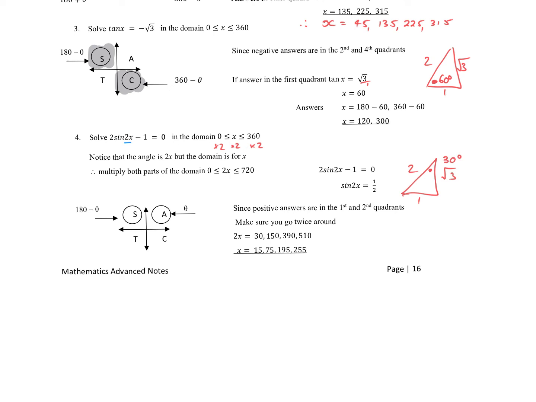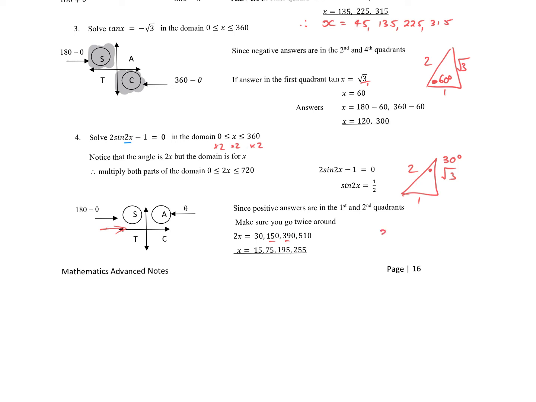Okay, so 2 lots of x then is equal to 30 degrees, 180 minus 30, which gives us our 150, 360 plus 30. Okay, so that's where the 390 comes from. And then over here, you could do it as 360 plus 180 minus your angle. Does that make sense?